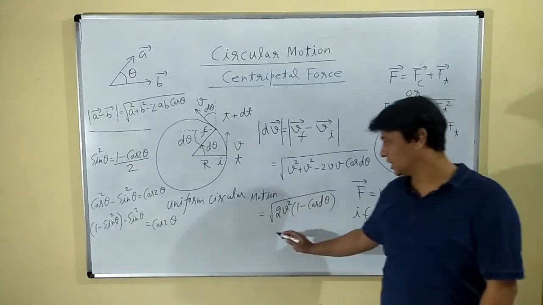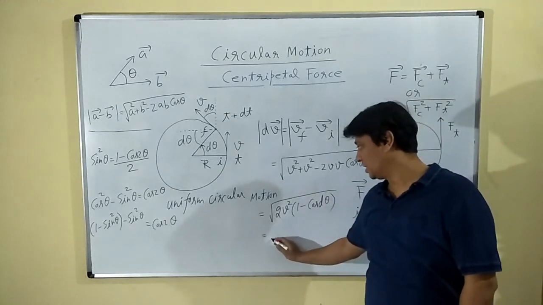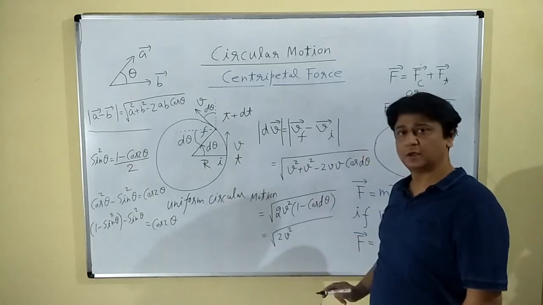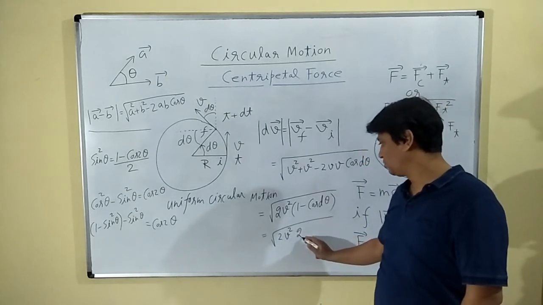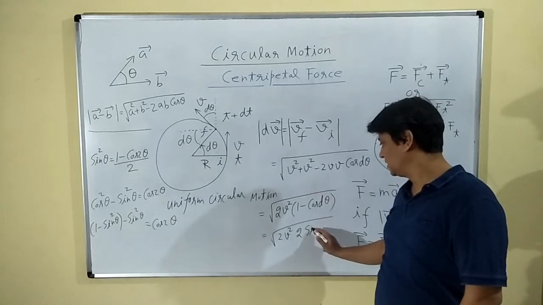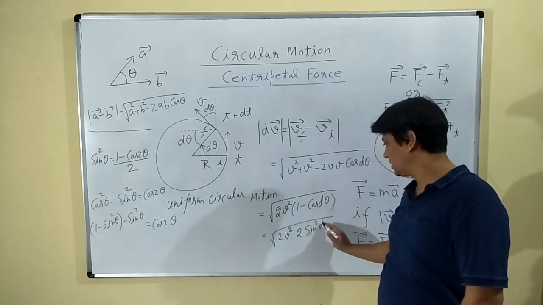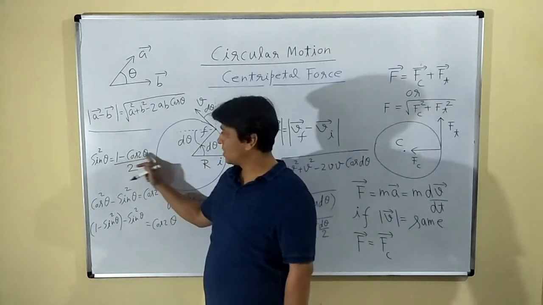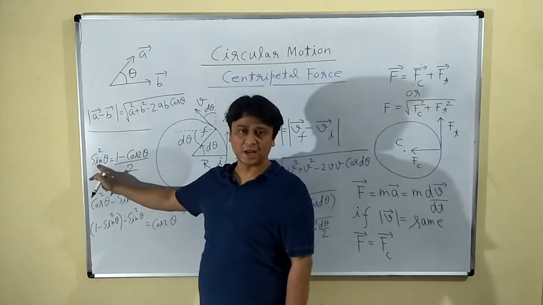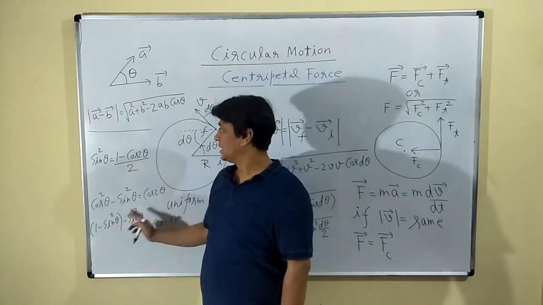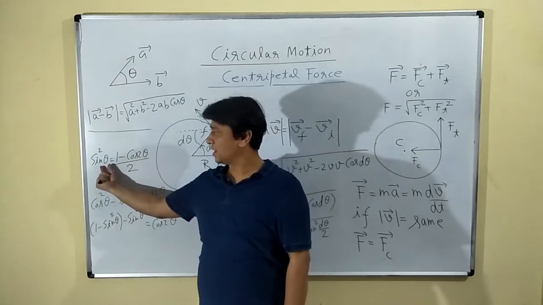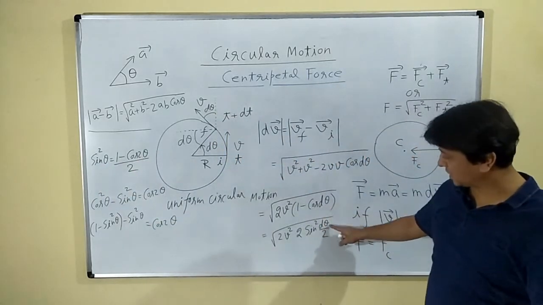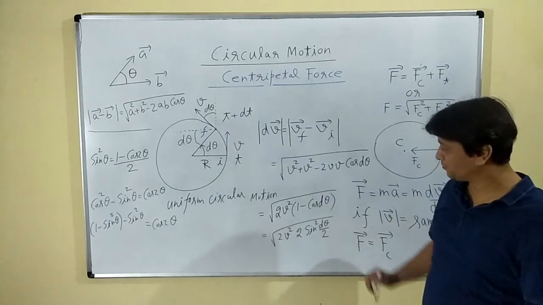We will have to halve it, and what does halving mean? This becomes 2v square multiplied by 2 times sin square d theta by 2. 1 minus cos 2 theta is 2 sin square theta. 2 theta has converted to theta here, so d theta becomes d theta by 2.